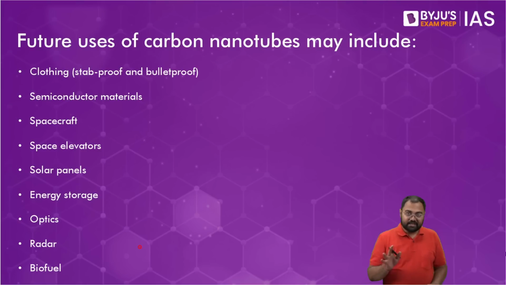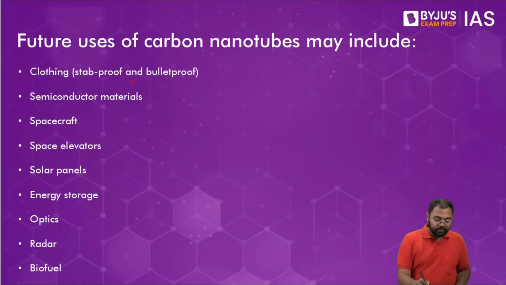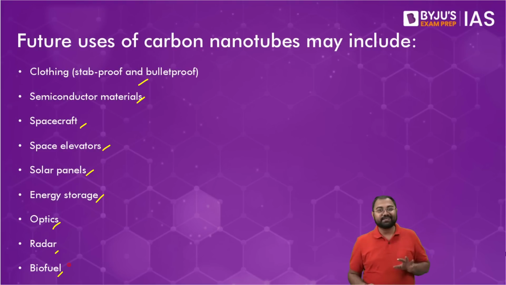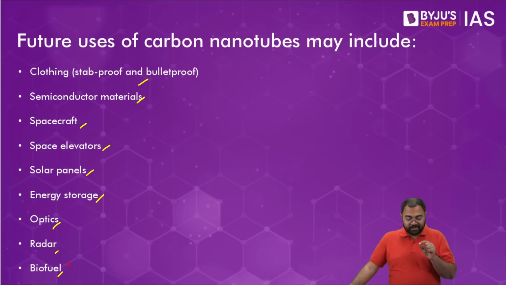So these are just some of those examples, like clothing or semiconductor materials, spacecraft, solar panels, space elevators, energy storage, optics, radar, biofuel. All these sectors in one way or the other can make use of carbon nanotubes. So that's why when it comes to nanotechnology, we still say that we haven't really started working on nanotechnology. There's a lot more that nanotechnology can do as compared to what we have done.